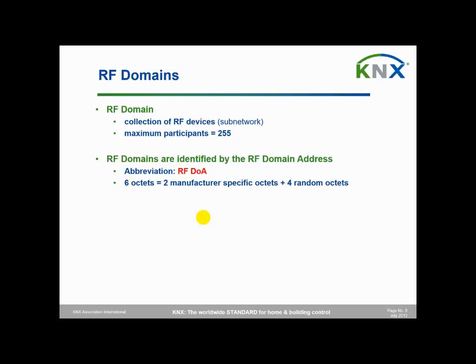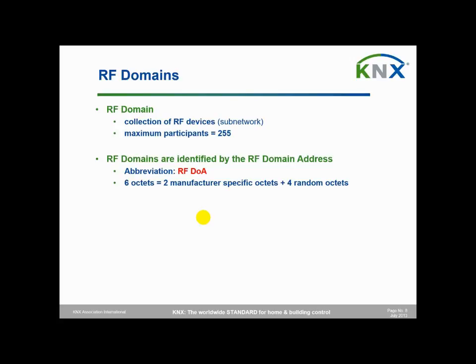The maximum number of participants within such an RF domain is 255. The RF domains are identified by the RF domain address, which is a specific setting within each KNX RF device. So KNX RF devices with the same RF domain address belong together to this specific RF domain.